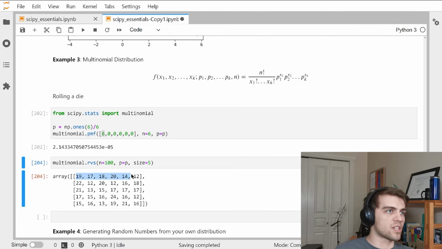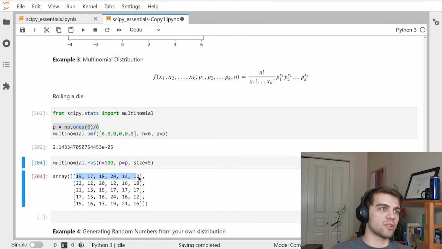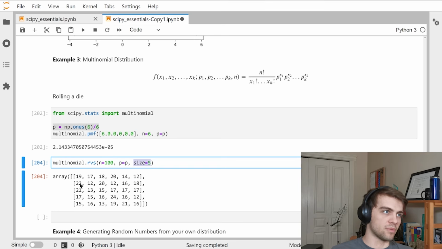So this says, of course, I do 100 rolls, right? And there's 6 different options, each with a probability of 1/6. And so this says I do 100 rolls of the dice, and this will generate a random thing. So it says I rolled 1 19 times, I rolled 2 17 times, 3 18 times, 4 is 20 times, for example. And there's 5 trials that I do.